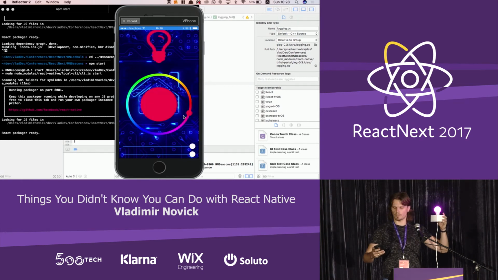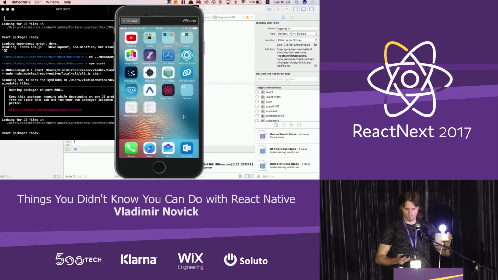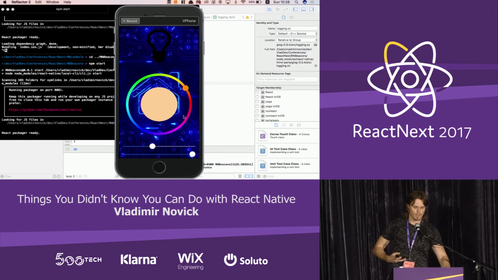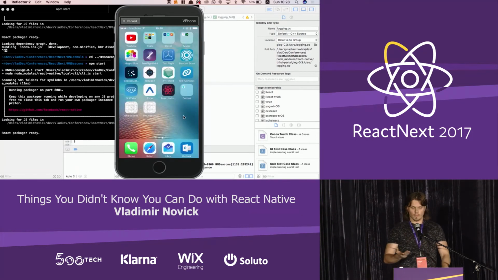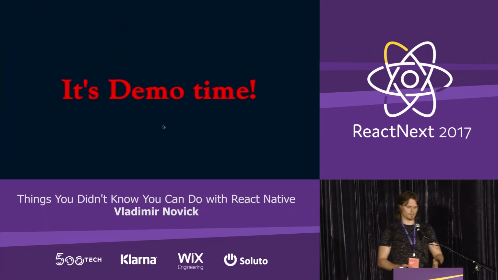I have this light bulb in my home. I decided to make another controller for it in React Native. Okay, so, wait, let me turn it off. So that's the use case for a basic smart home.